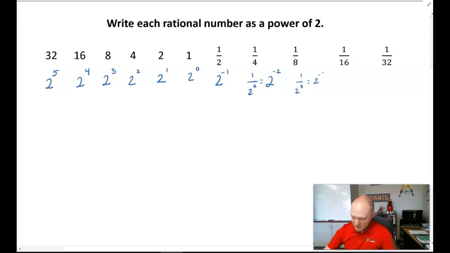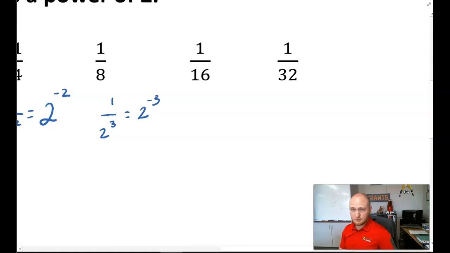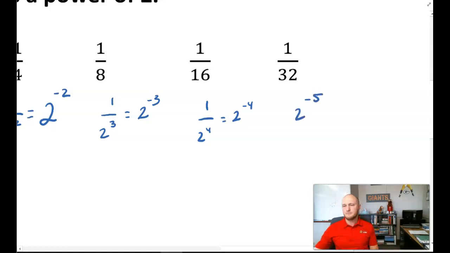So that's 2 to the negative 3rd. 1/16. 1 over 2 to the 4th. And so we get 2 to the negative 4th. Okay, and then we have 1 over 32. This is going to be 2 to the negative 5th.